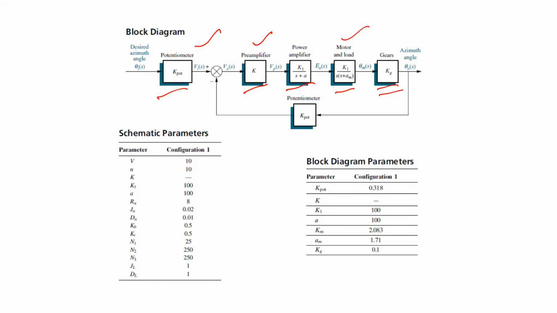The potentiometer takes care of whether it is changing as per the requirement, and if it is not, it will give an error signal.